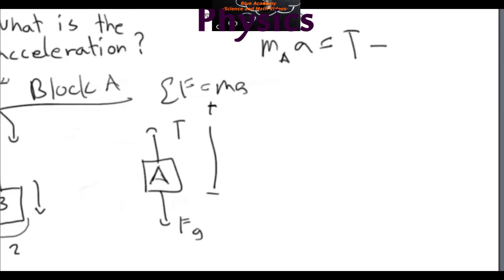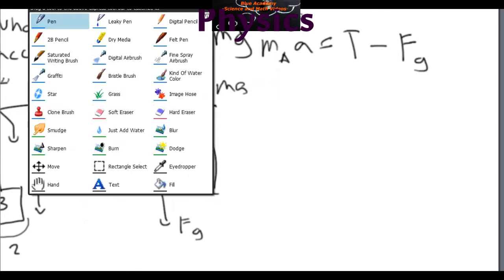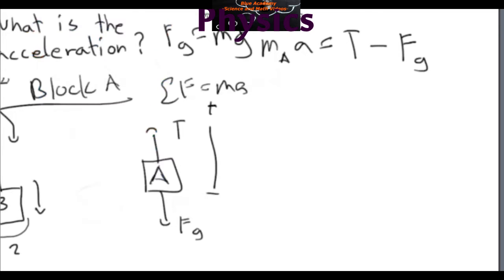Remember, force of gravity is equal to the mass of the object times gravity, and gravity is 9.81 meters per second squared. The force of gravity goes in the downward direction, so we write it as m_A times g. Now right here is our first equation.